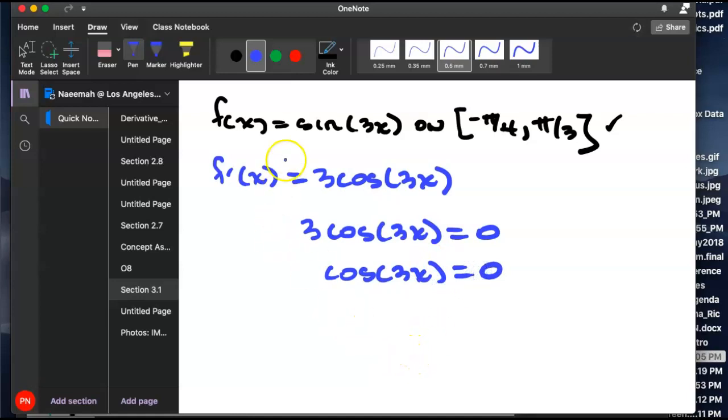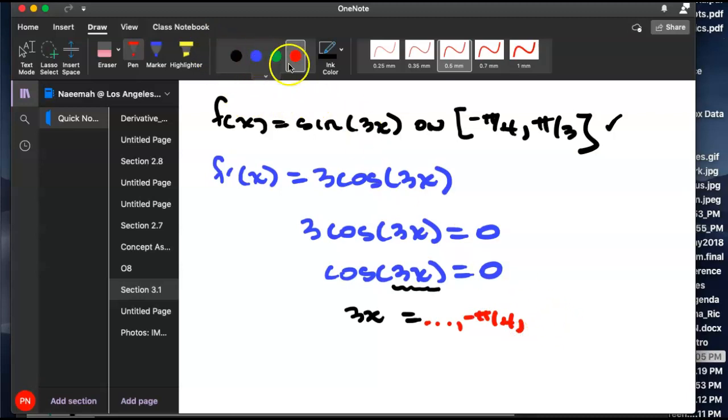So what is this going to illustrate? Well, when is this quantity, 3x, going to make cosine equal 0? So now you have to know where cosine equals 0. That's going to be multiples of pi halves.